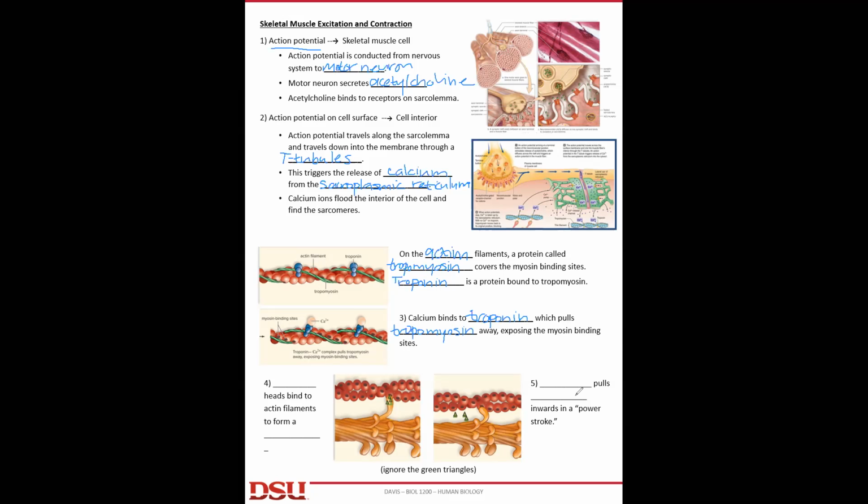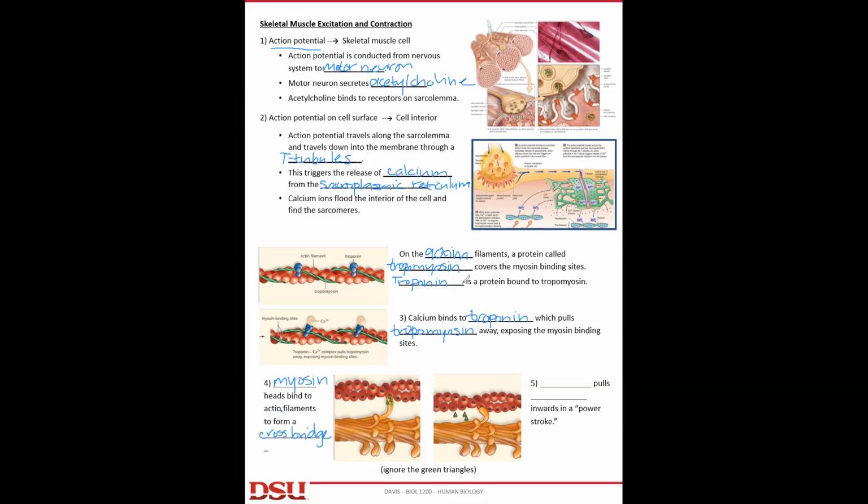At that point, I'm going to finish this part off and review it. The myosin heads, the binding site, will bind to the actin filaments to form something called a cross bridge. Okay?